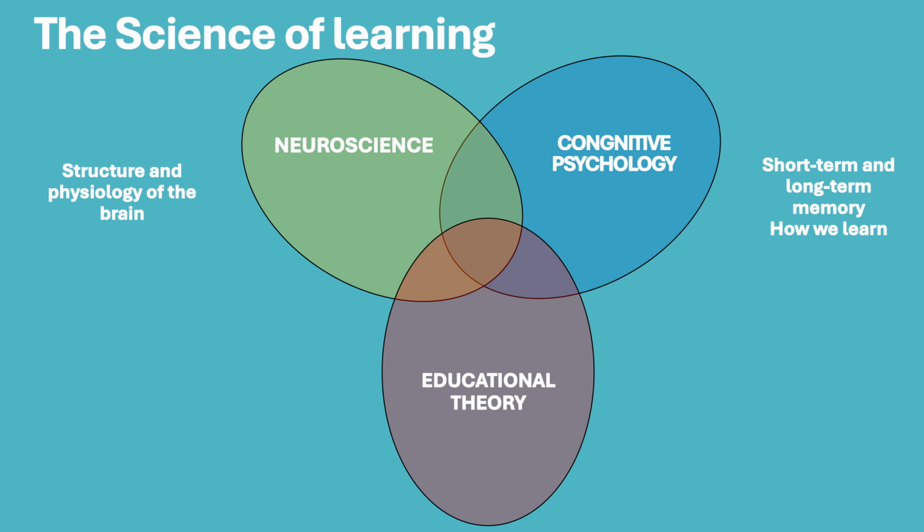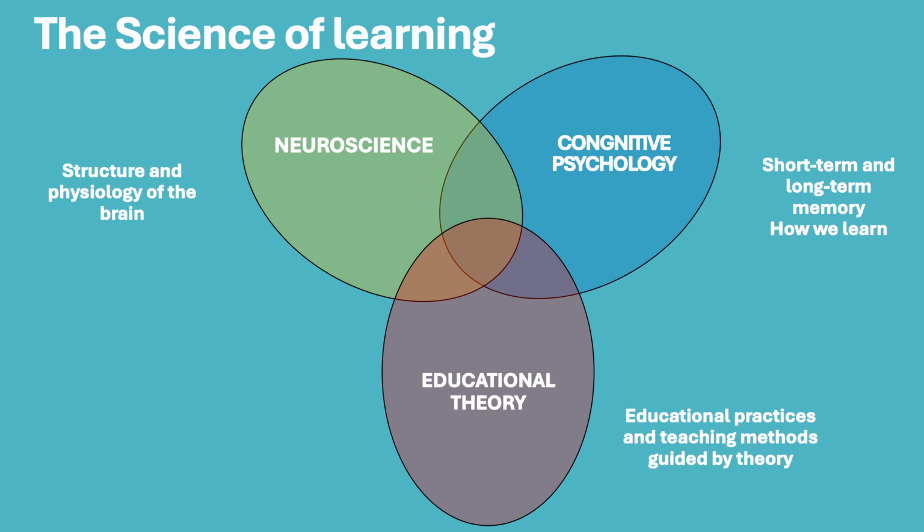Some of those theories have some link to neuroscience or cognitive psychology, but often they don't. So we develop teaching methods and are guided by this theory in educational practices, and in the past, as I've said, some of those practices have been misguided because they haven't linked directly to neuroscience or cognitive psychology.